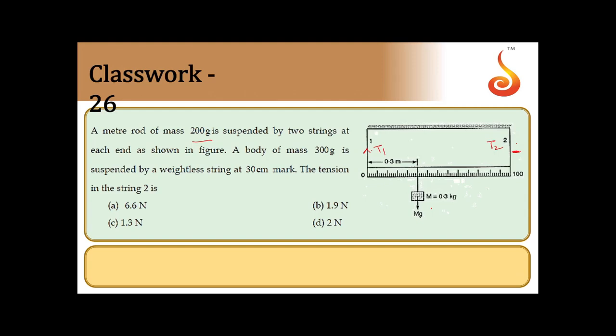Now first thing, for equilibrium net force on the rod should be 0. So T1 plus T2 upward force should be equal to sum of downward forces, that is mass of the rod plus added mass into g.